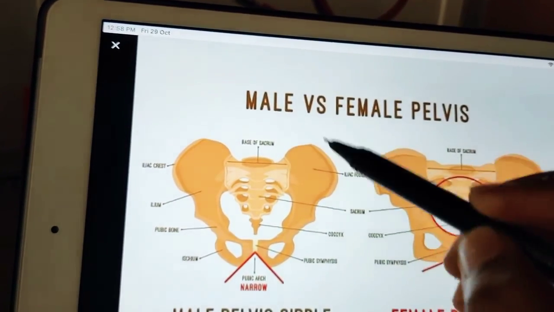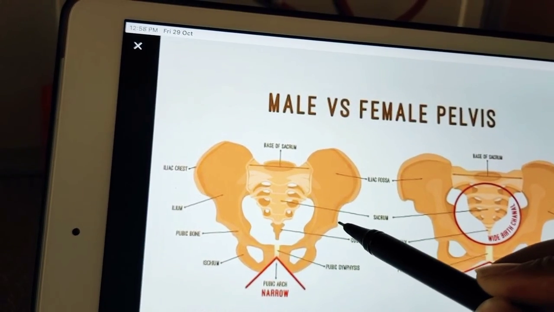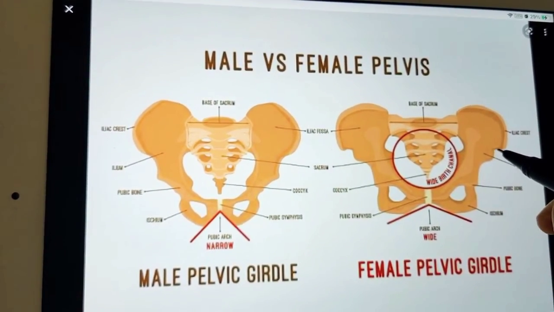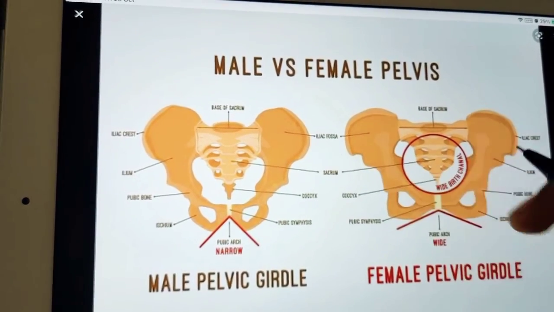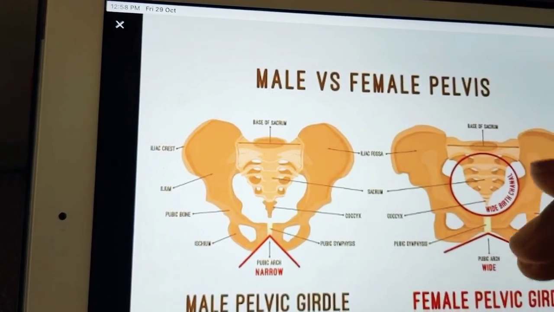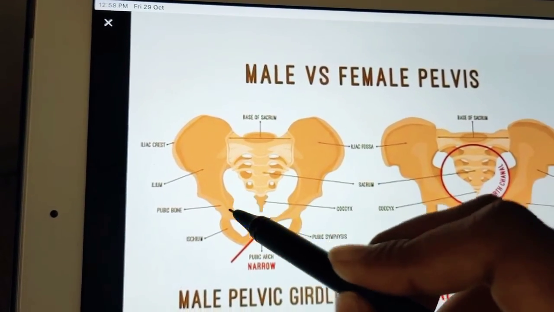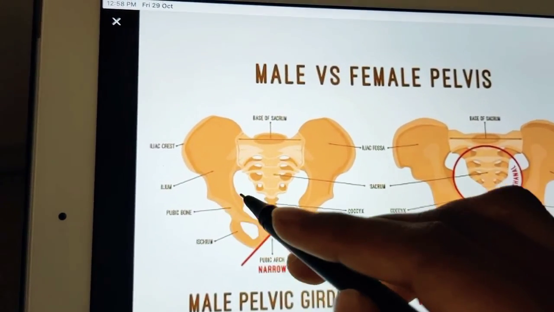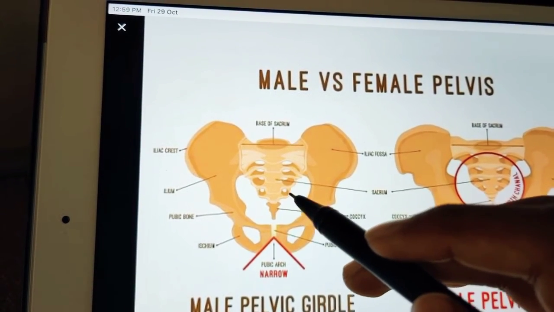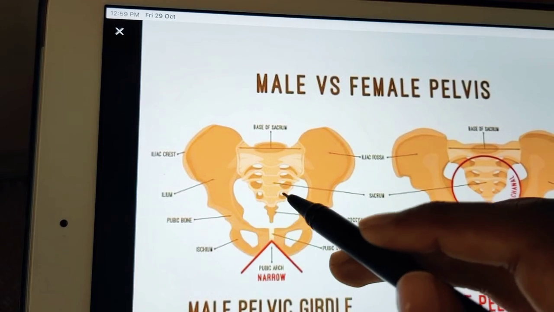The greater sciatic notch is wider in females. If you see the greater sciatic notch over here, it is much wider in females than in males. Next, the acetabulum, seen on the back side, is larger in males, and its diameter is approximately equal to the distance from the anterior margin to the pubic symphysis.